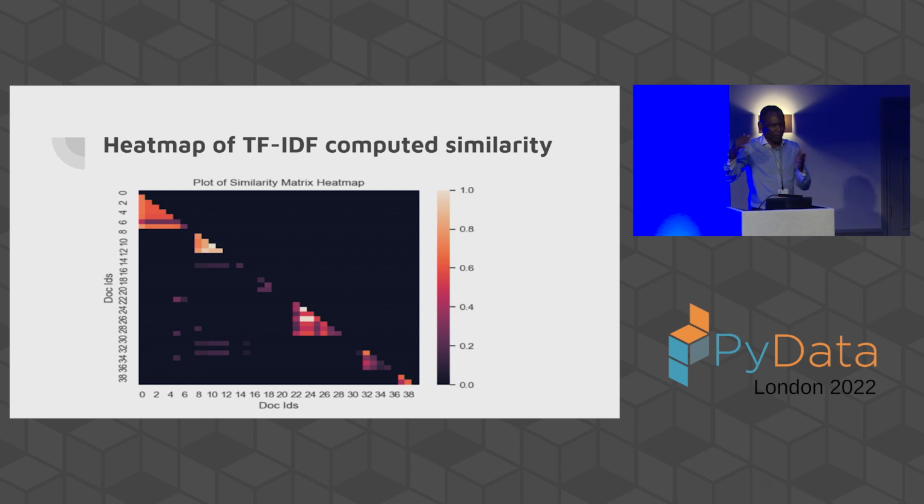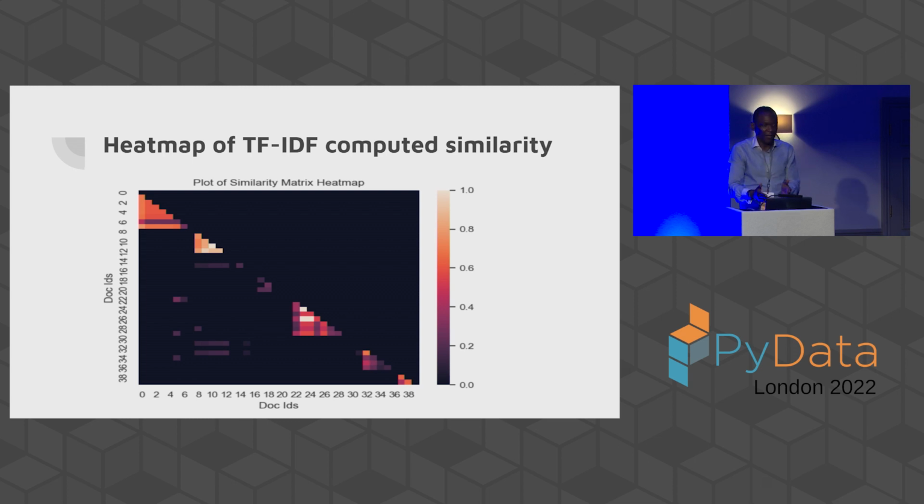I'm going to walk you very quickly through some of the findings. Again, anecdotal. I haven't measured anything, I'm just simply visualizing. So the first one is the heat map for TF-IDF, where I'm looking at the TF-IDF embedding for the book title problem.